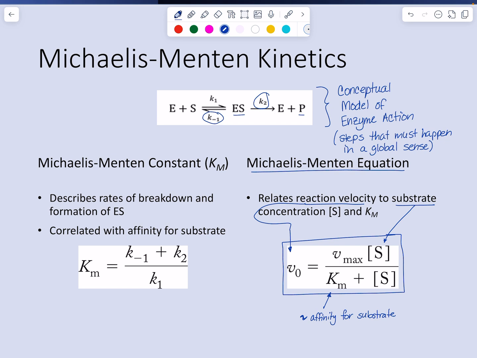We can express a value for Km in terms of the rates of the processes in our conceptual model. So Km expressed in terms of rate constants from the conceptual model.